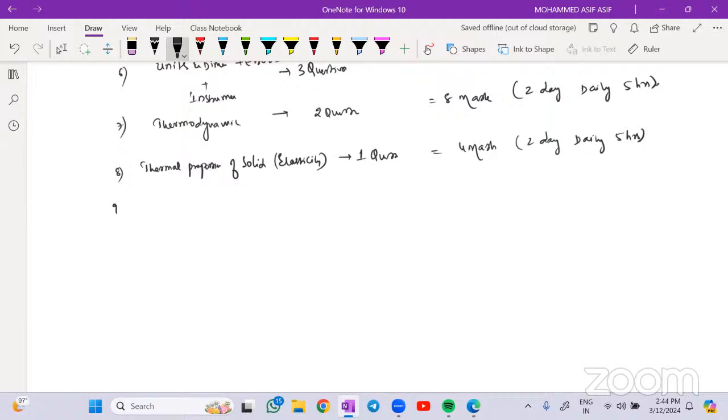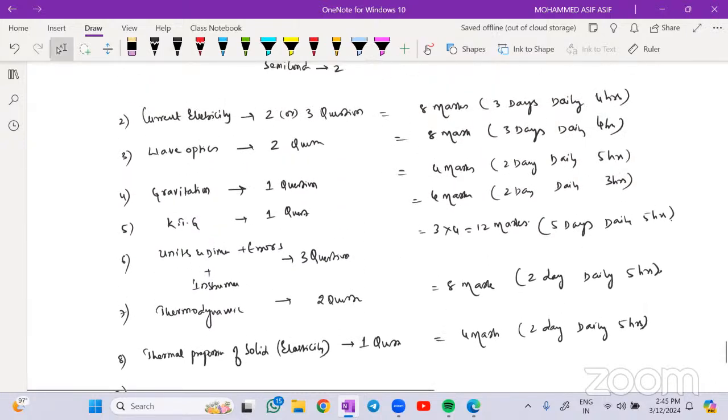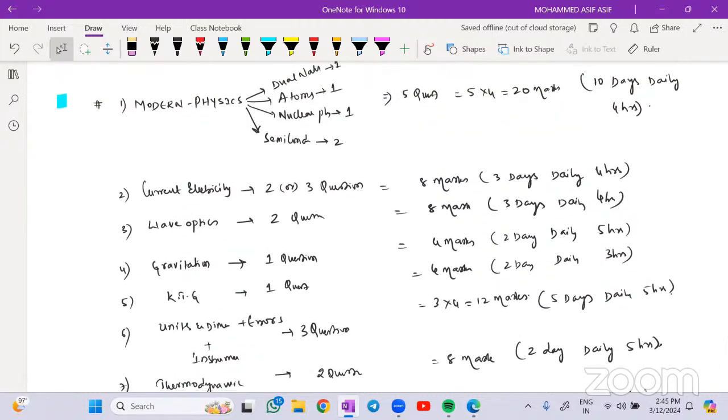Done. Then the 9th one is from the first year topics. You can do any other chapter which you feel comfortable. But if I take the scoring of this one right now, how much is this for me? 4 marks. Then we have got 8 marks. Then 12 marks.